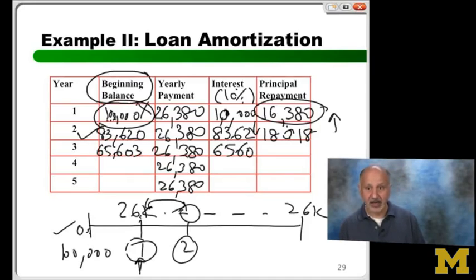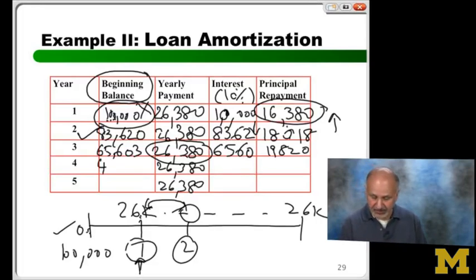6560. And how do I get this column? I know that the number has to increase because this dropped and this amount is the same. So 26 is the same. So I subtract 6,500 from 26, I get 19,820. Okay? Same thing, let me just write it out, 75,783.